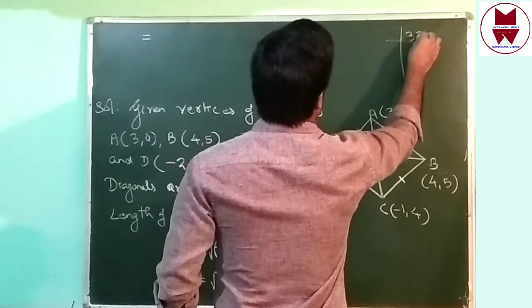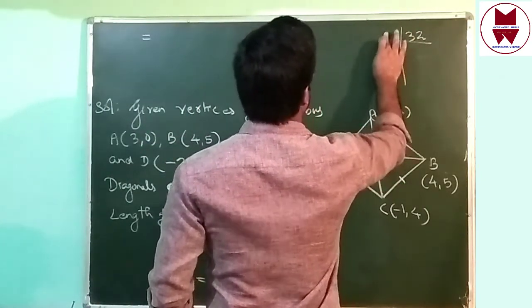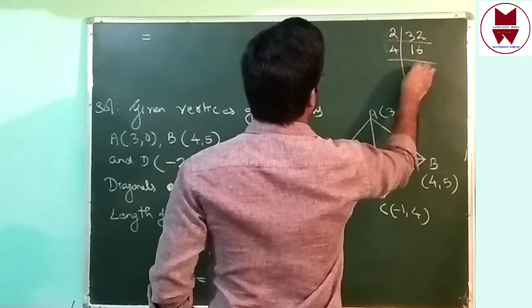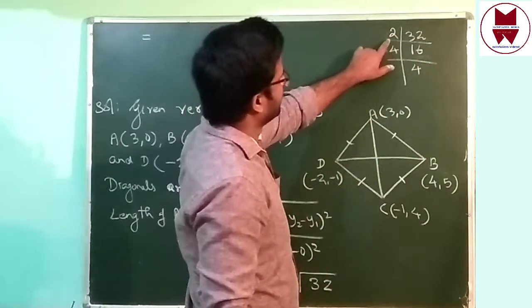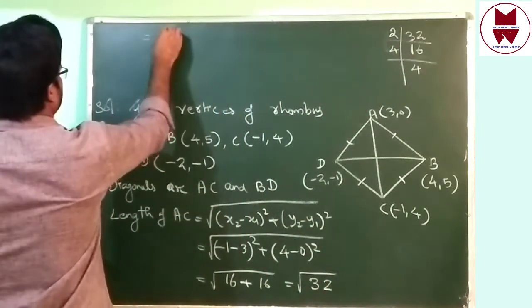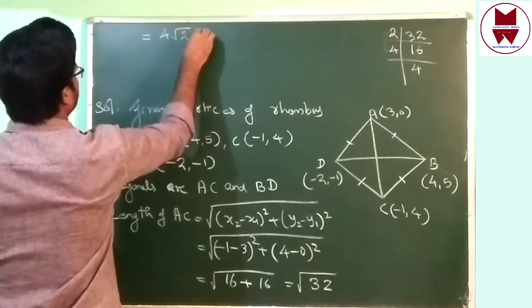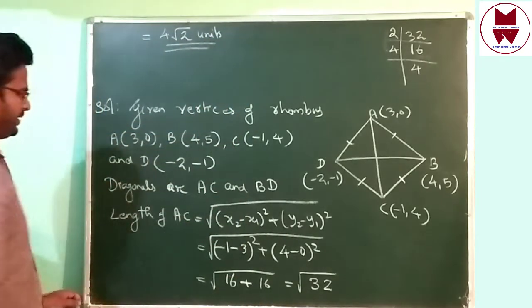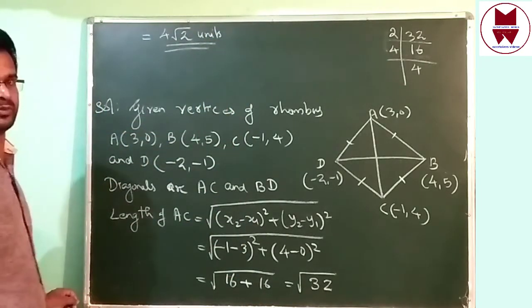We can factorize. Out of 2 4s we can take one 4 outside, then 2. Length of AC we got 4 root 2.